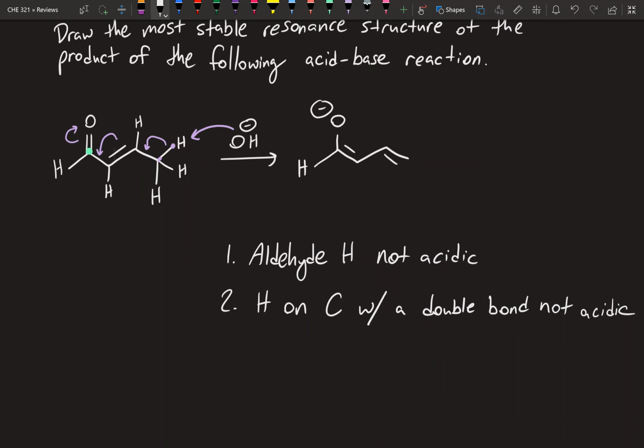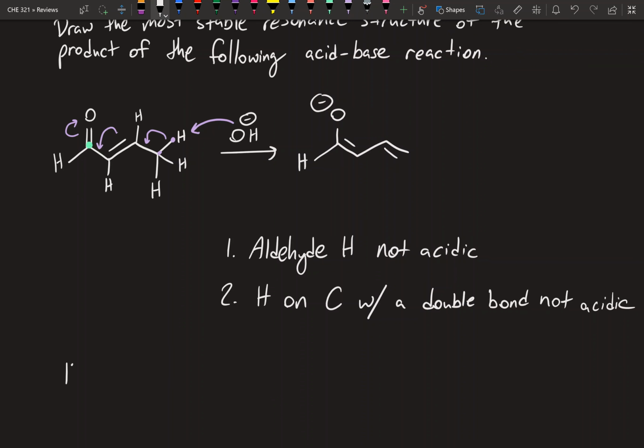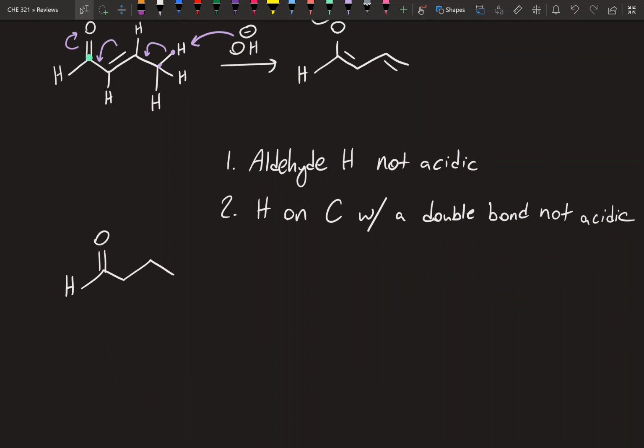Now I'm going to talk about one quick other thing that can save you some time when doing these questions. So let's say they gave you this molecule, and we labeled them alpha, beta, gamma.